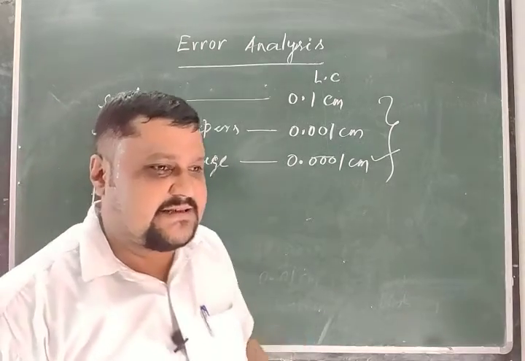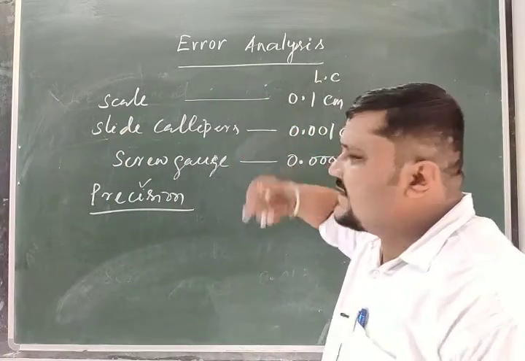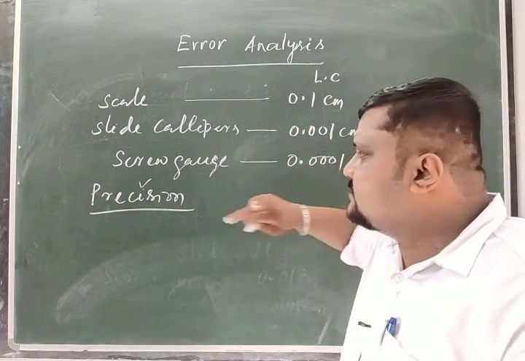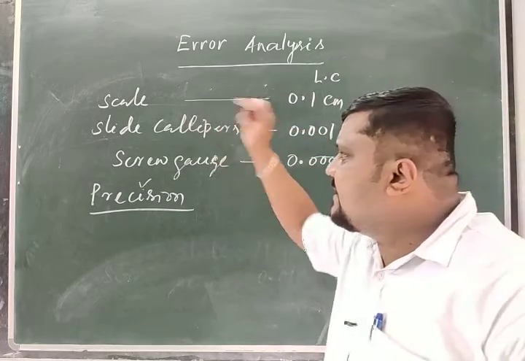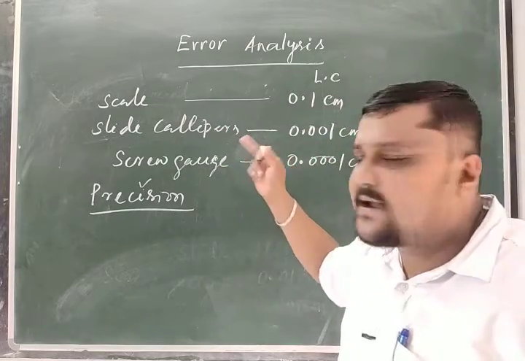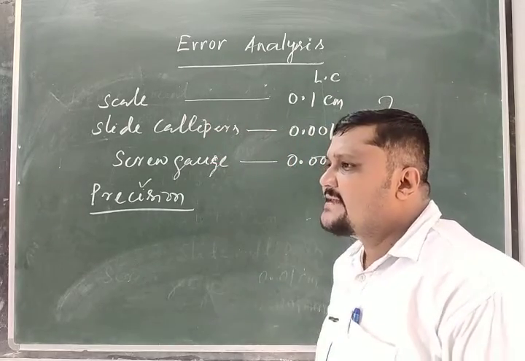We will understand this precision. If I measure using a slide caliper and a meter scale, I will say that my slide caliper measurement is more precise than my meter scale. If I use a screw gauge and a slide caliper, then I will say that my measurement is more precise by the screw gauge compared to the slide caliper.